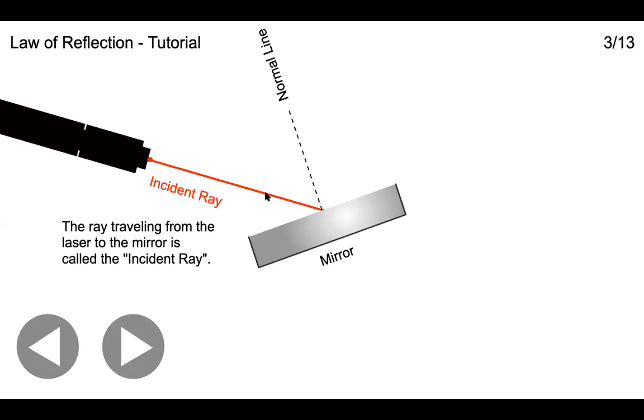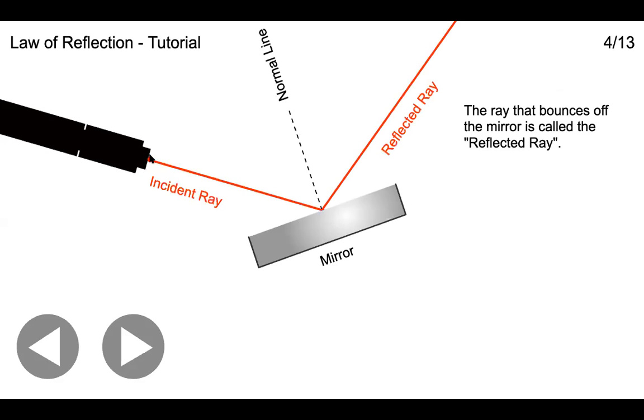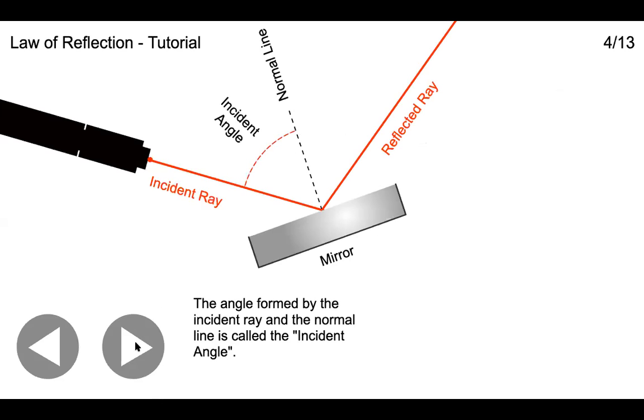So there's our incident ray, there's our reflected ray, and there's our normal line. So again, the idea is that the angle of incidence equals the angle of reflection. And remember, the angle of incidence is between the normal and the ray. It's not between the mirror and the ray.